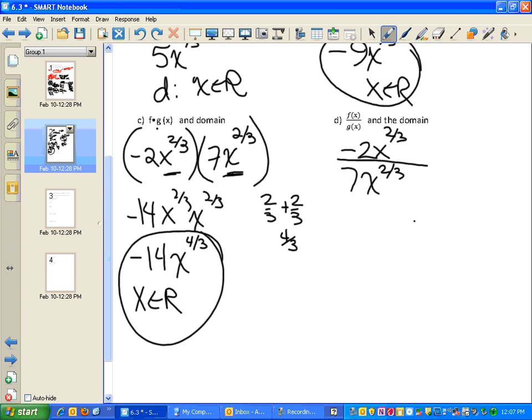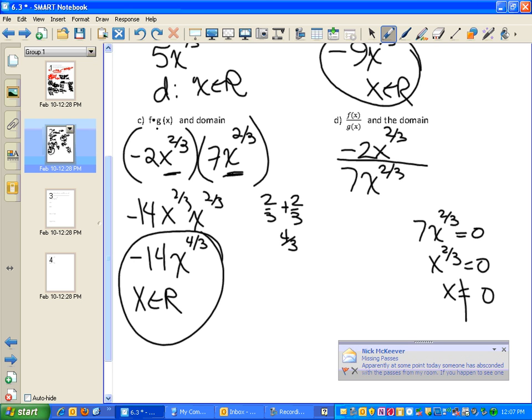So I'm going to set 7x to the 2/3 equal to 0. That means x to the 2/3 is going to equal to 0. What is x going to equal? 0. That's the value that x can't be. So when you create a fraction at that point, you ask yourself the two questions. Okay? All right, now let's simplify.